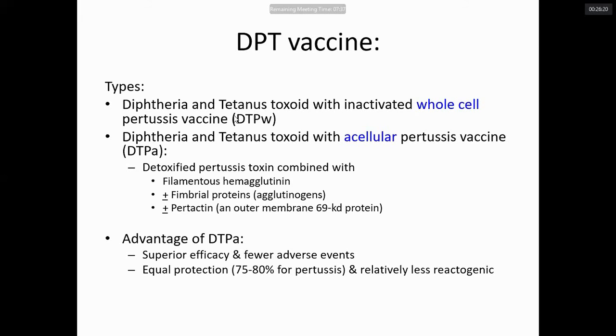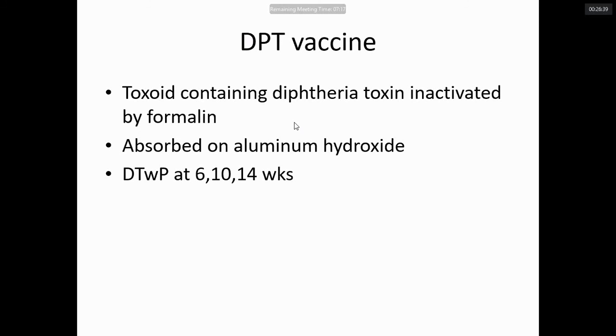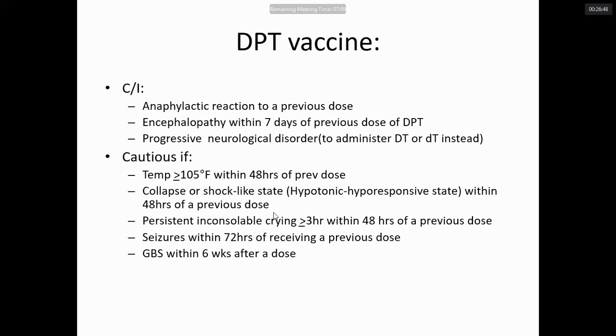So sometimes we see patients with neurological complications after administration of the vaccine. The advantage of DTAP is superior efficacy and fewer adverse effects, equal protection, and relatively less reactogenic. For the DPT vaccine, the adjuvant is aluminum hydroxide and it is given at 6, 10, 14 weeks.